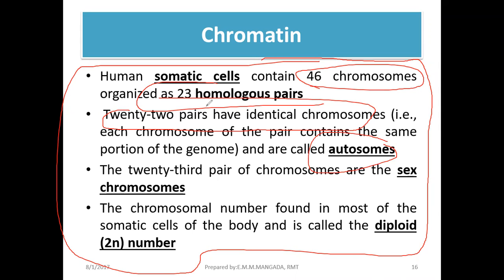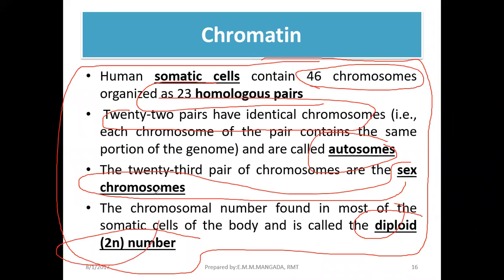And the 23rd pair of the chromosome is actually your sex chromosomes. Okay? So yung 23rd pair ng chromosome natin ay yung sex chromosomes natin. So guys, the chromosomal number found in most of the somatic cells of our body is called your diploid or your 2N number.